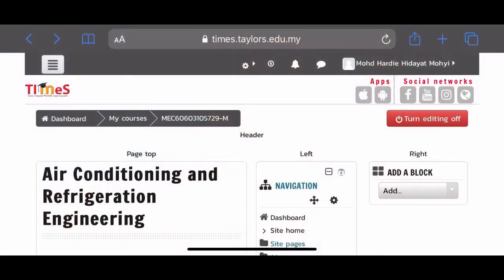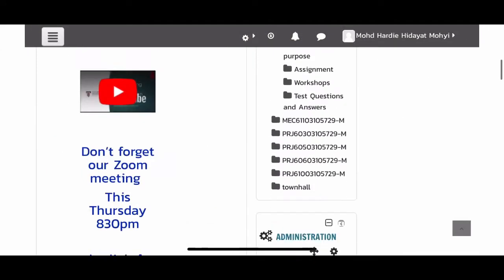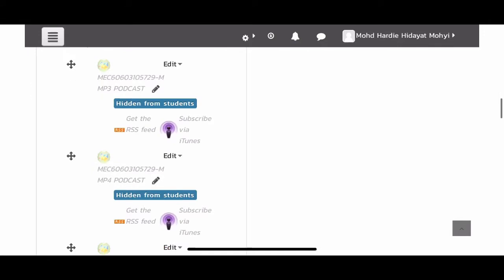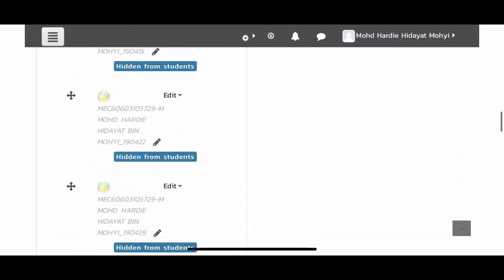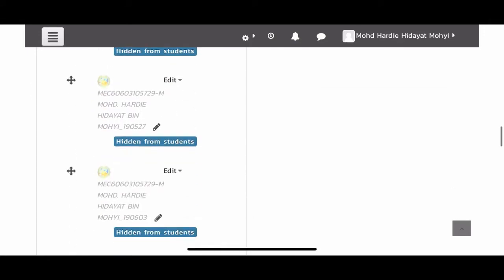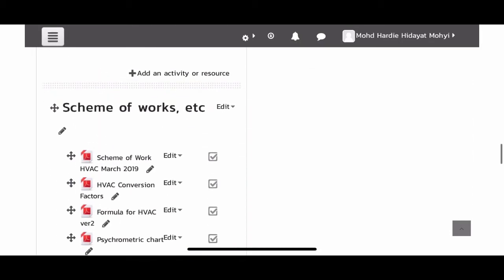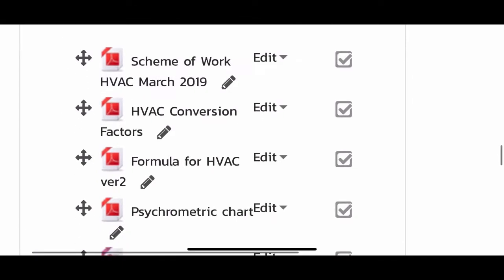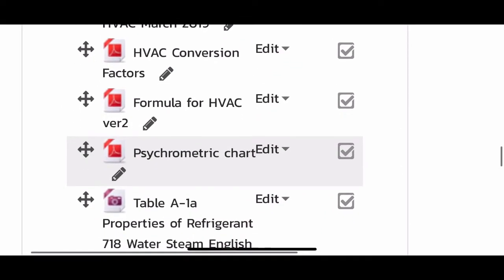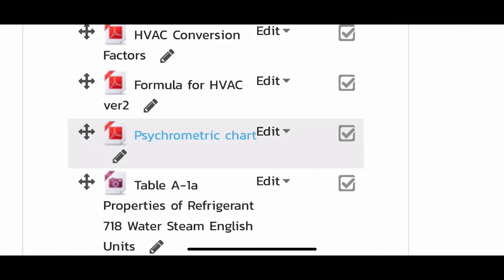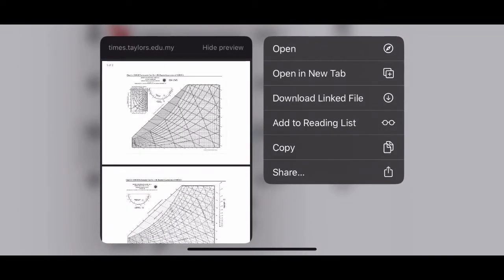As usual, I would like you guys to first drop by our Times page and then scroll downwards to our tutorial section. You need a few files or documents which are all available on Times. First of all, you need to open this file, the psychrometric chart, this one. So open this and put it on a new tab. I have it already in my PDF annotation app, PDF Expert.